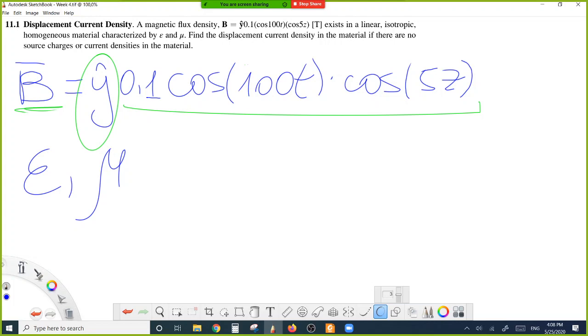So we want to find the displacement current density JD. How can we find JD?